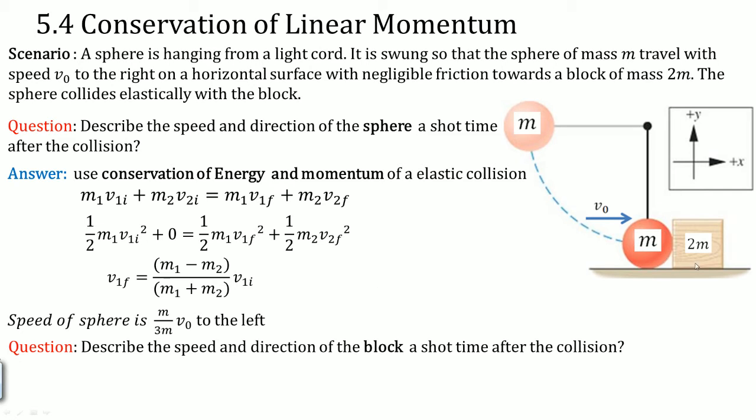Once the block hits it, it's going to go to the left at basically mass divided by 3 mass, or you could say 1/3 the velocity naught. The reason why it goes to the left is because of the negative sign. Or you could see that it's not strong enough to move to the right, so it moves towards the left.